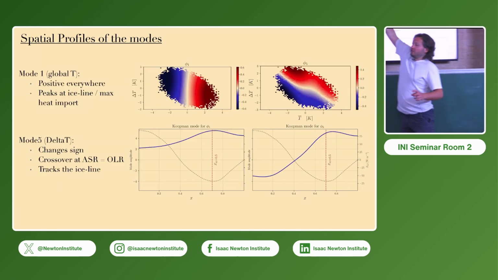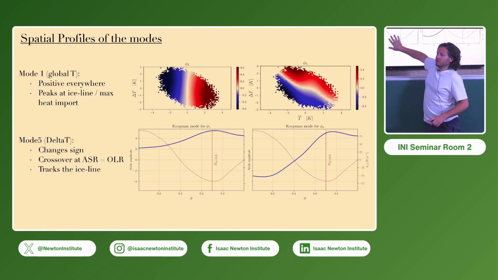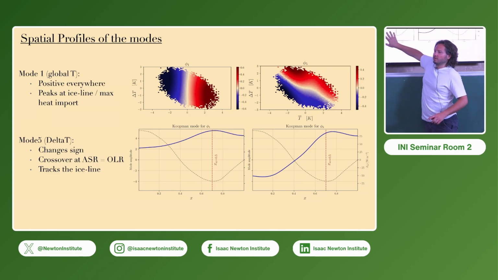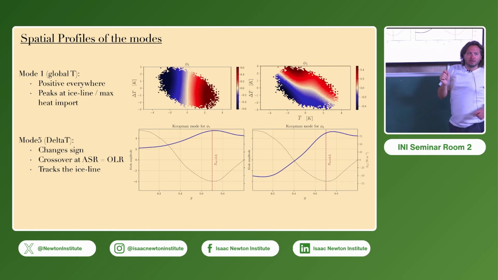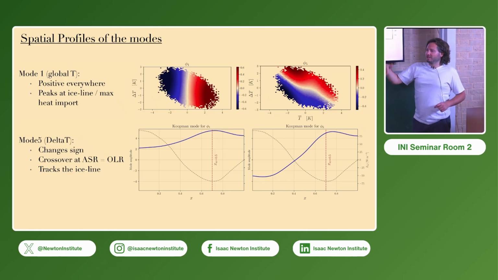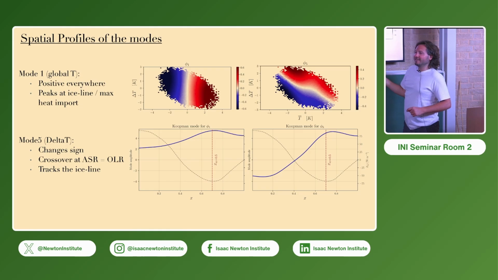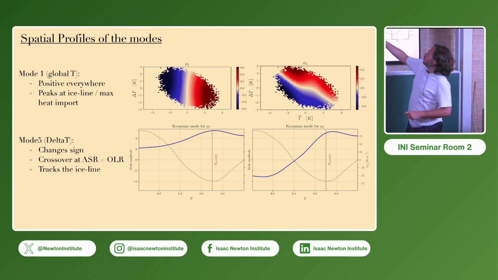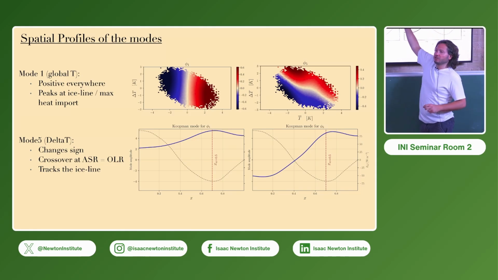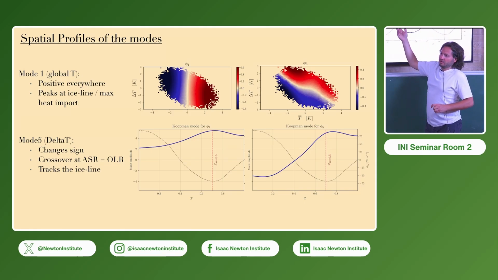These are the eigenfunctions. These are the modes. Isn't that what a Koopman mode is? Yeah, so basically the eigenfunctions here are defined in the phase space, which would be the temperature space, let's say.